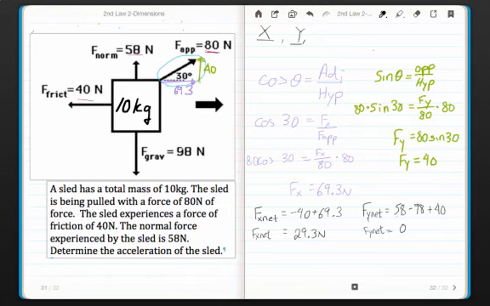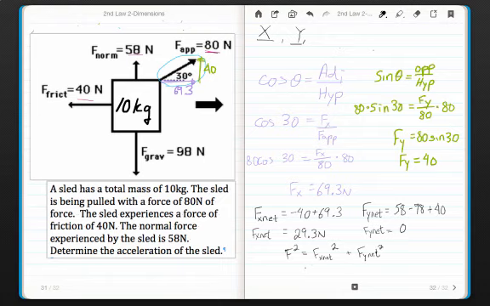Now, at this point, we want to find the total force that is being applied to the sled. In order to do that, you are going to use the Pythagorean Theorem. Force squared is equal to fx net squared plus fy net squared.